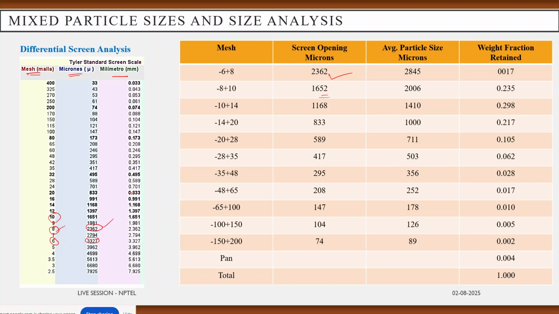So in this way you calculate the average particle size for this column, and the weight fraction retained is 0.017. You will fill this column with the data from the experimental analysis. You can see all the weight fractions from here add up to 1.